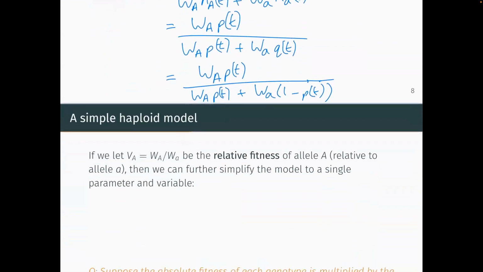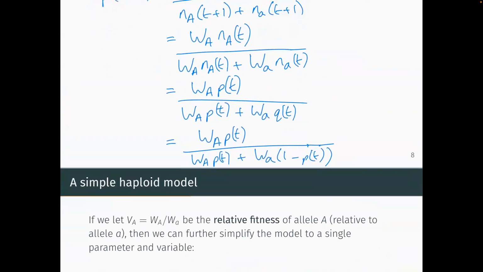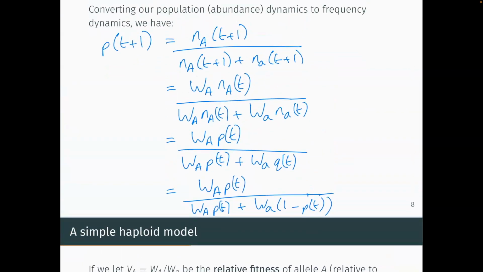Okay. So we've got an equation now. This is a difference equation that describes the change in the frequency of our capital A allele. And recall, these alleles could correspond to any trait that we might care about. Think about something like eye color. We're talking about haploids here, but for argument's sake, let's think of something like eye color, as something that we can relate to.